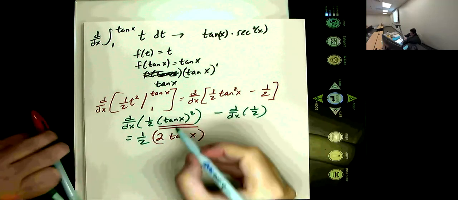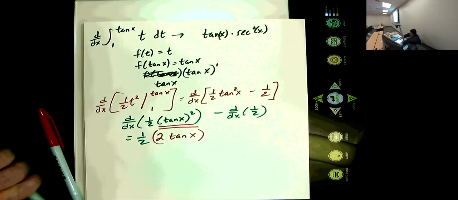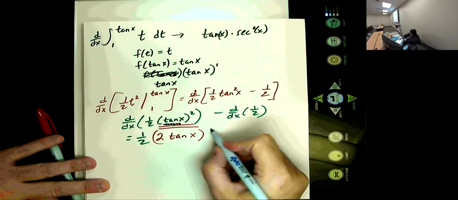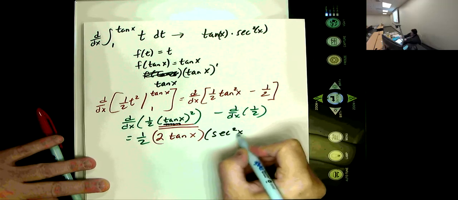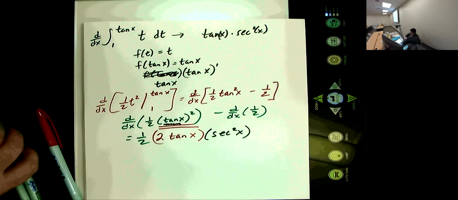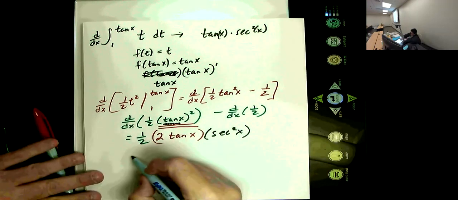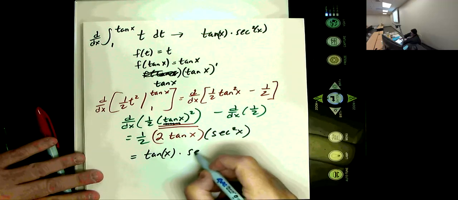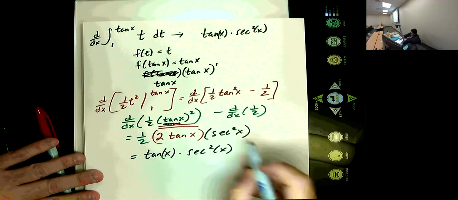And then we just do the derivative of the inside. The derivative of the inside is secant squared x. And you will see when you multiply that out, we do in fact get tangent x secant squared x.